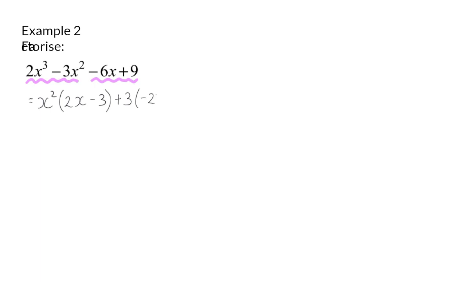If I now have a look at these two terms that we formed, there's no common factor yet, but these two brackets are very similar. This can easily be solved. If I want both brackets to be 2x minus 3, I would want to change my second bracket by changing the sign of both the minus 2x and the plus 3.